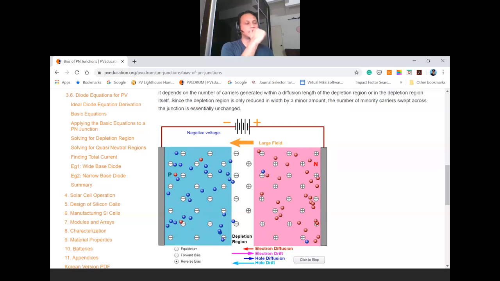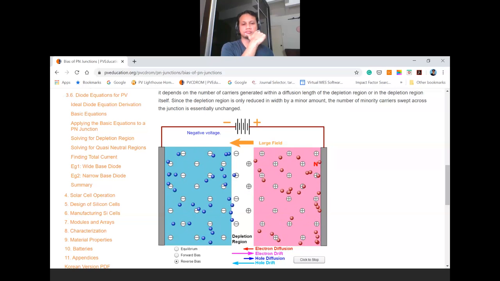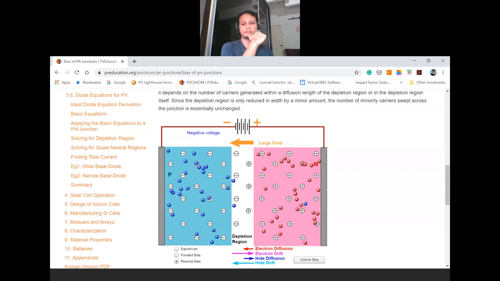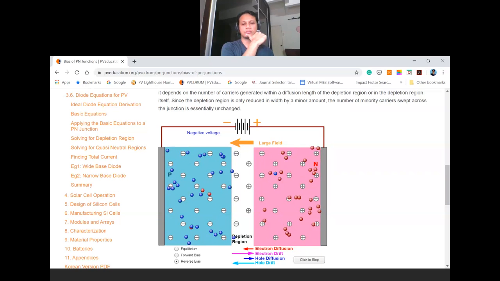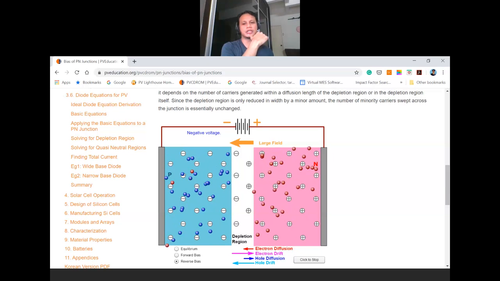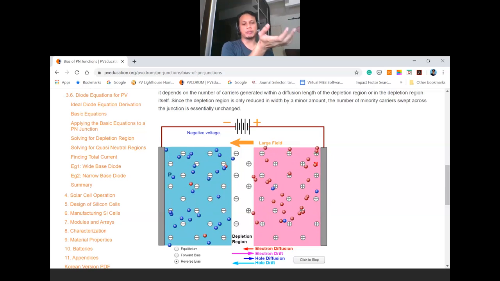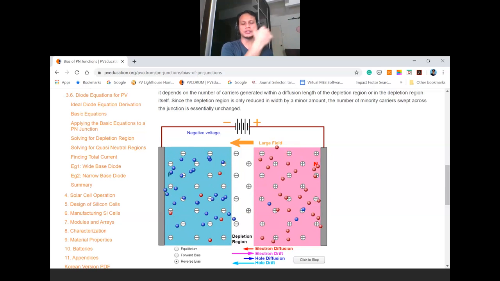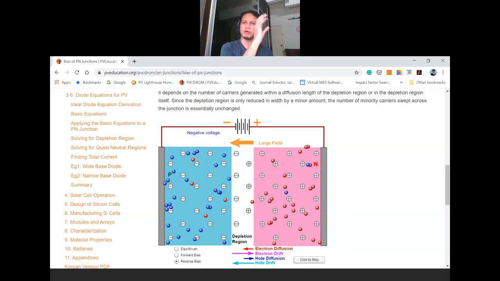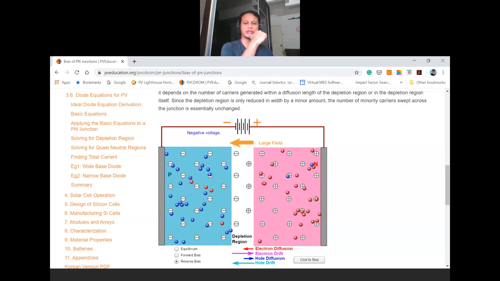Are there carriers crossing around? It's more or less like thermal equilibrium, right? Yes, Ishin. It's more or less like thermal equilibrium, but you can still see a few of the carriers crossing around.